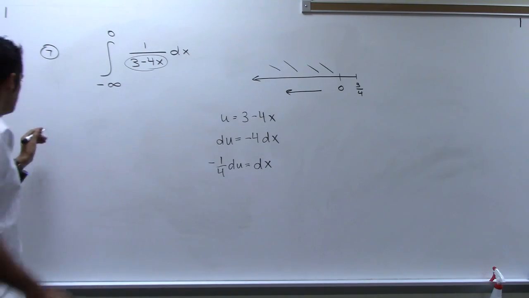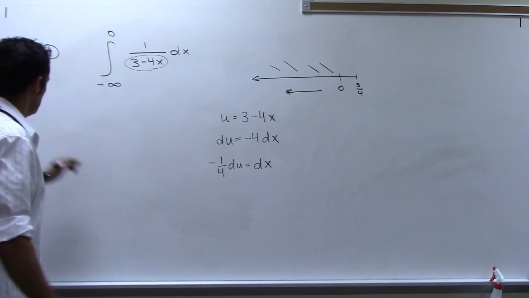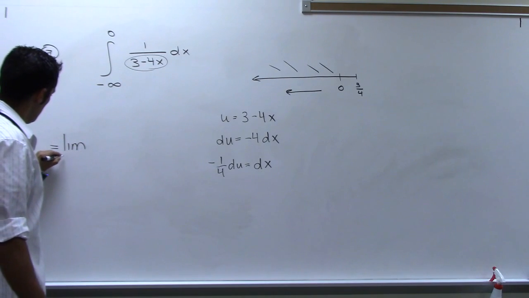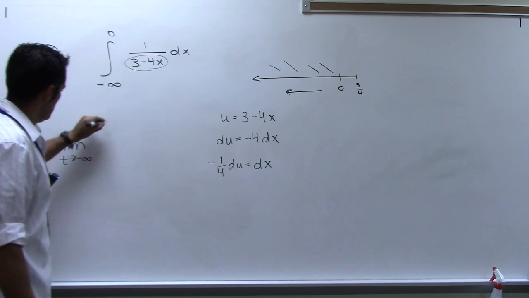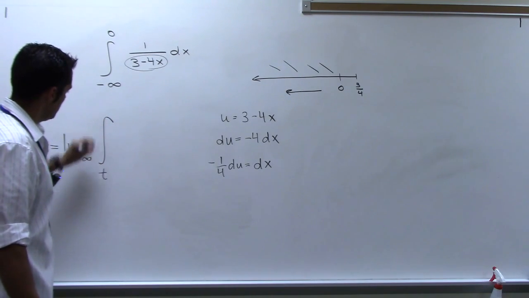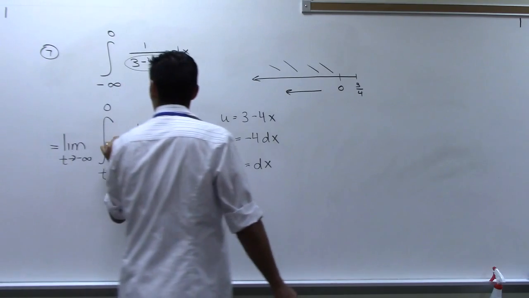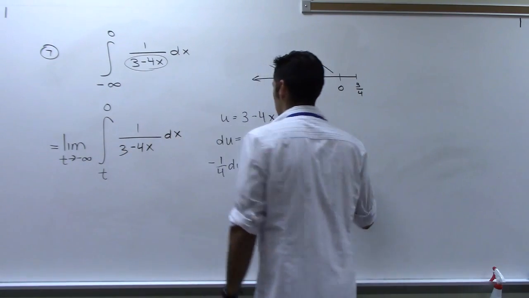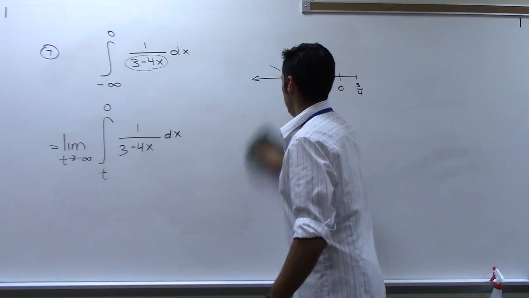I'm going to write this as the limit as t goes to -infinity of the integral from t to 0 of 1 over 3 minus 4x dx.